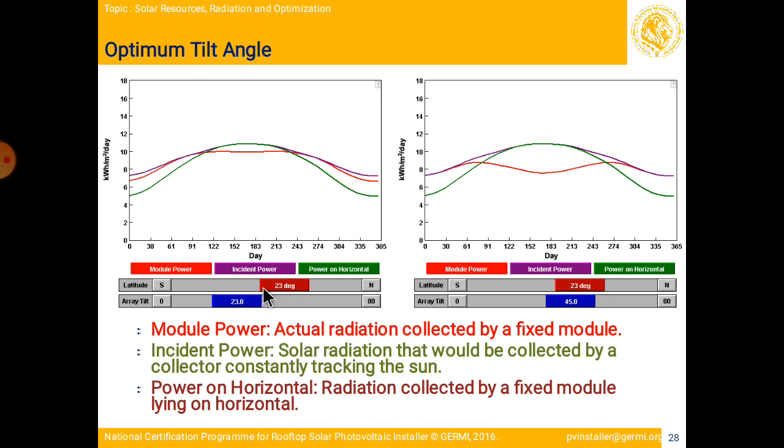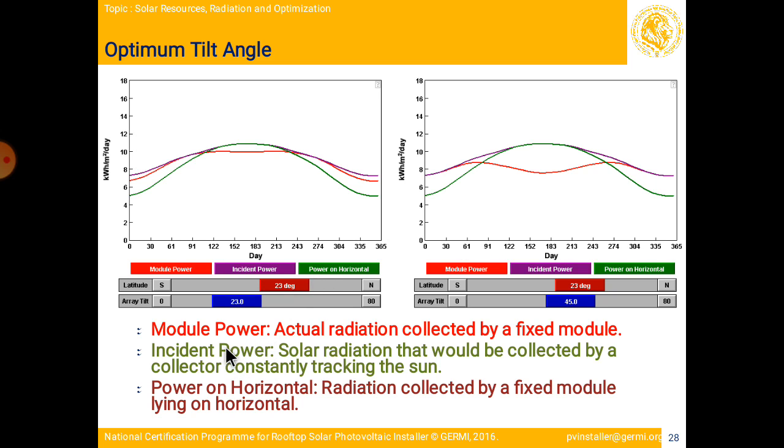As we change the tilt angle, we will get different efficiency of the solar PV module. This is the practical output of the solar PV module. If we place our solar PV module at different angles, we will get different efficiency according to the placement of the module.